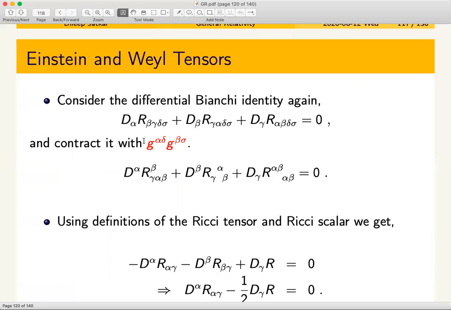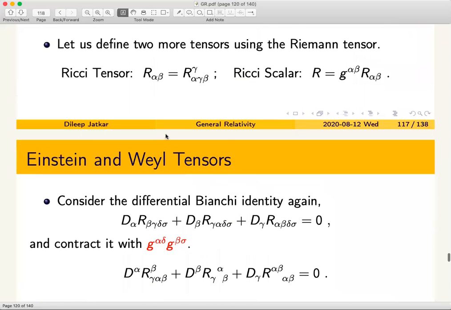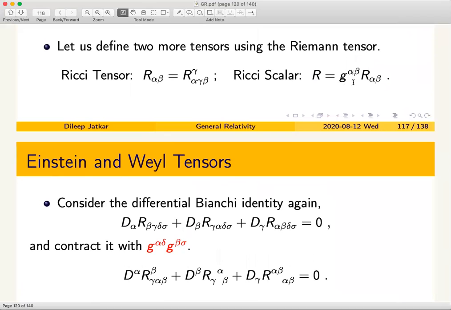Okay, so if you do that, then you get an expression where, remember, the metric can be used for raising and lowering indices, which is what we did here also. We just use g alpha beta to raise one of the indices, and then the index which has been raised is the same as the index which is downstairs, because if you raise beta using g alpha beta, then the upstairs index is alpha, so you get R alpha alpha, which is of course a trace, and therefore a scalar quantity that doesn't transform under general coordinate transformation.